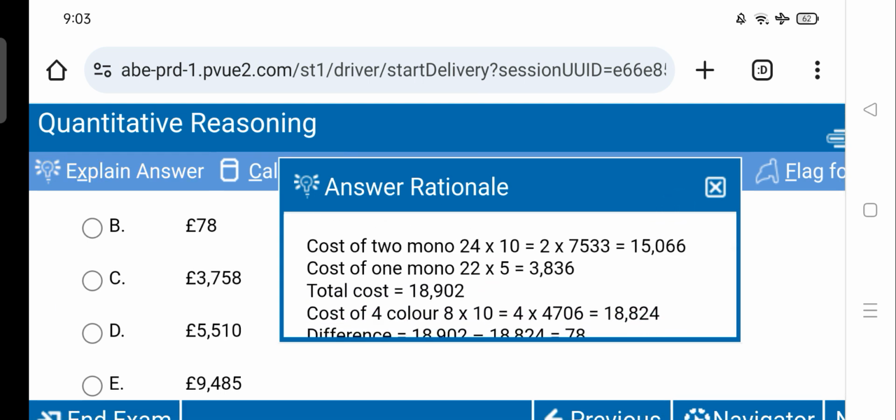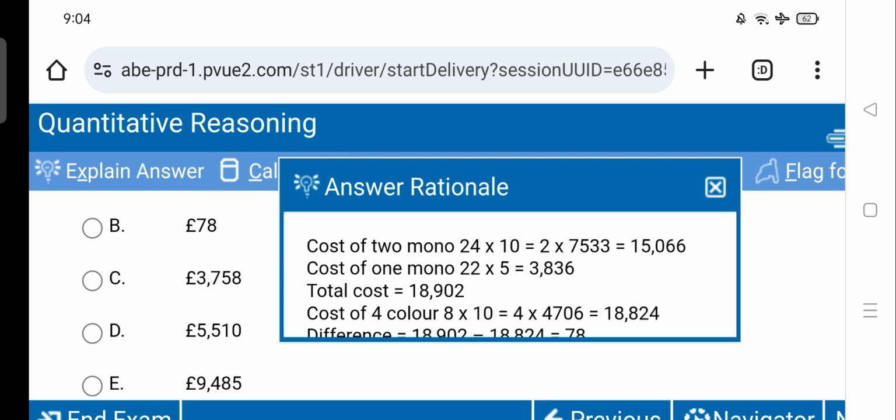Cost of 2 mono 24 by 10 equals 2 multiplied by 7533 equals 15,066. Cost of 1 mono 22 by 5 equals 3,836. Total cost equals 18,902.